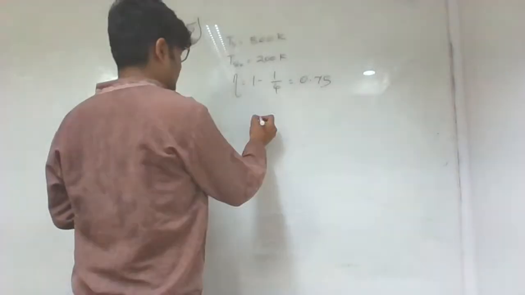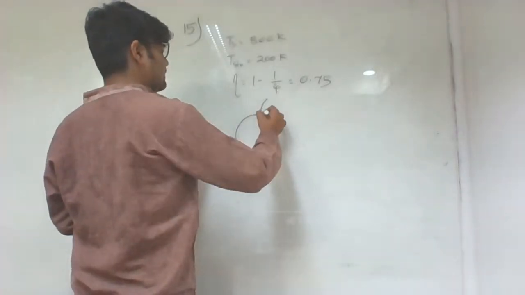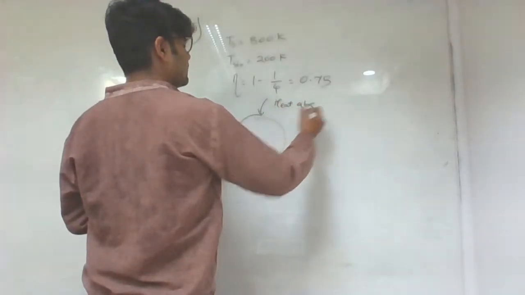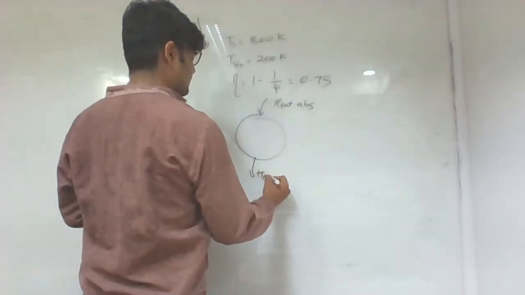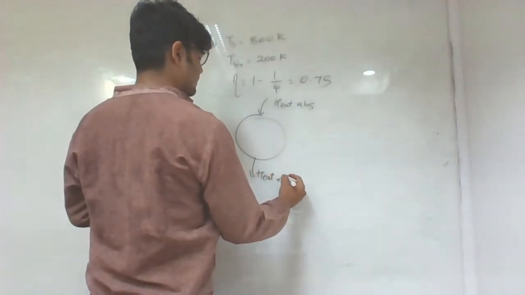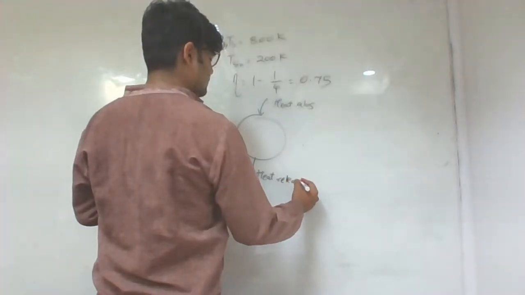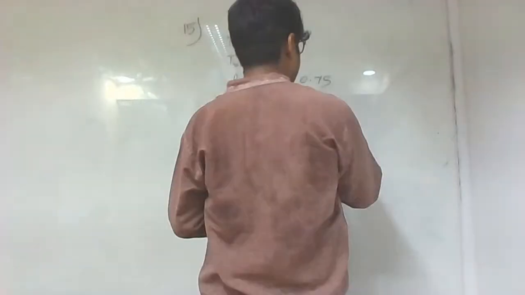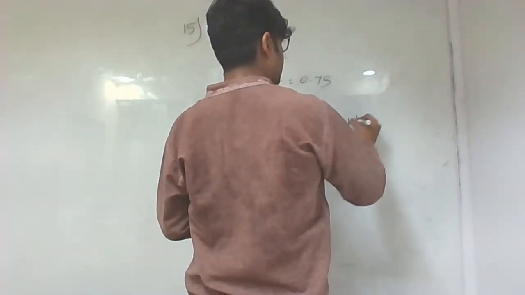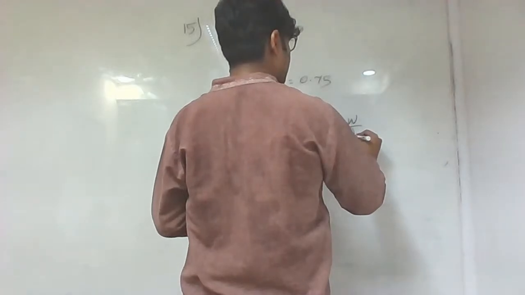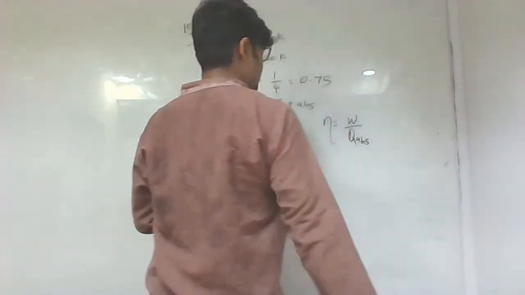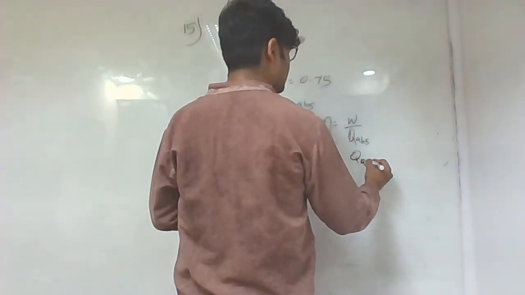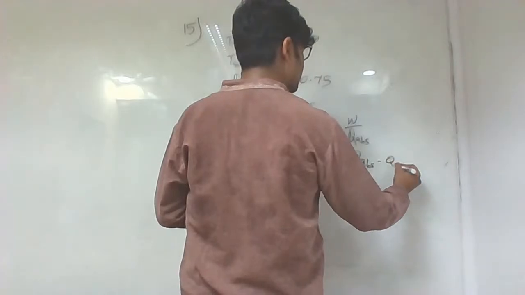Now, efficiency is nothing but heat absorbed, heat released, and there is some work done. So efficiency is work done upon heat absorbed. Work done is Q absorbed minus Q released.